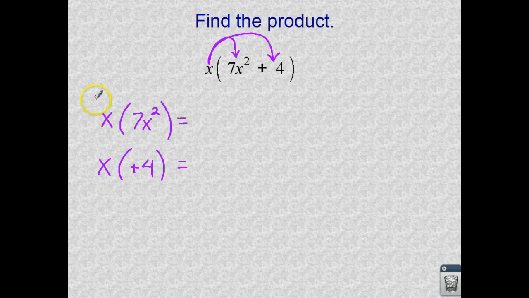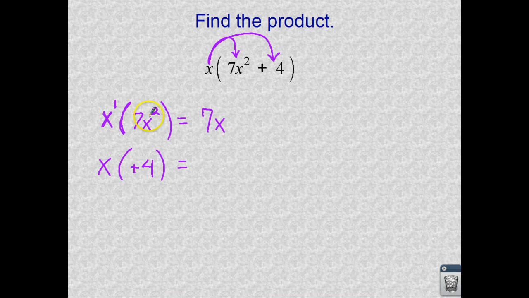If I have 1x, remember that coefficient, if it's invisible, there's nothing there, we call it a 1. So 1 times 7 is 7, and x to the first power multiplied by x to the second power. Since our bases are the same and we have a product, we add those exponents. We've learned that before.